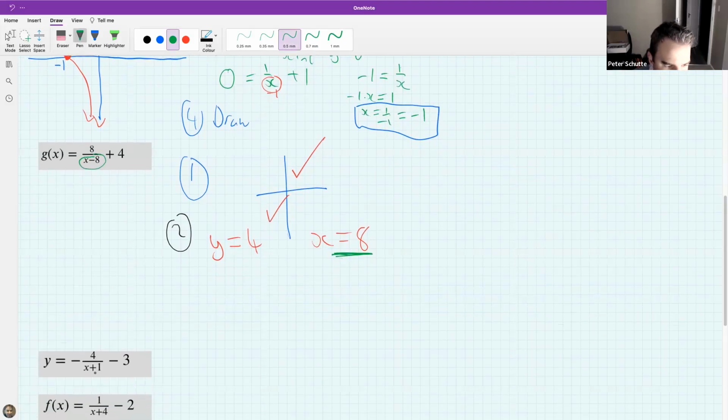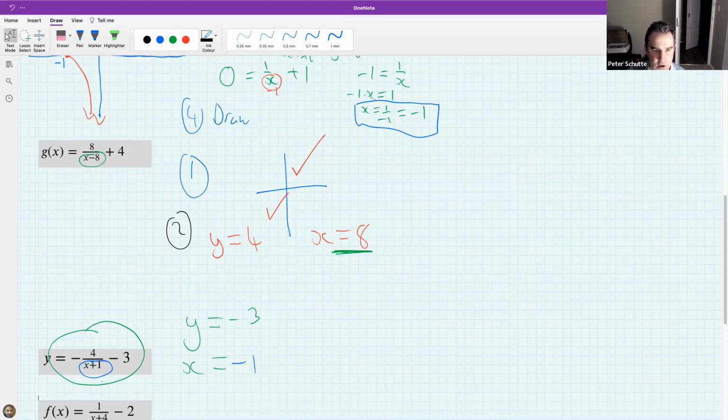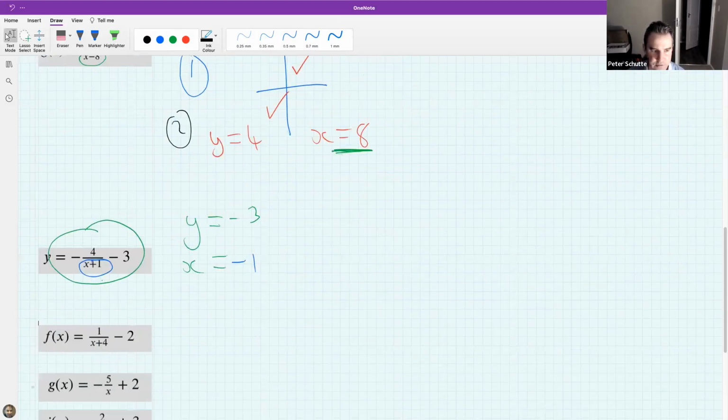If you look at this next example I've got down here, what do you think the one asymptote would be? y equals -3? What's the asymptote going to be for x coming from this bit? Let's just test if everybody understands what's going on with this. Yeah, it's going to be minus 1. So let's just do some practice finding asymptotes before I go back to drawing the graph.